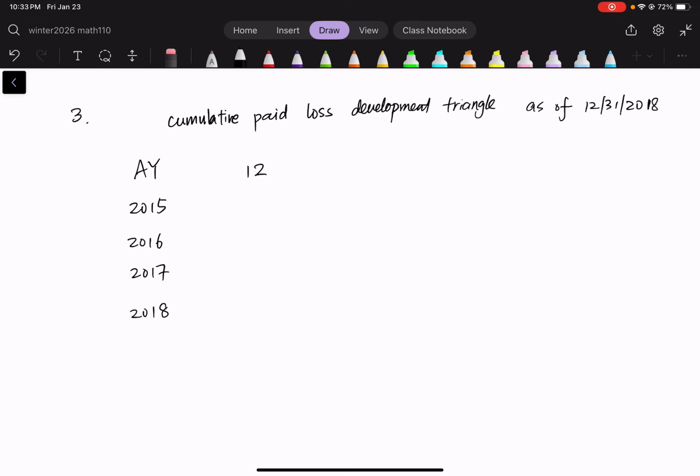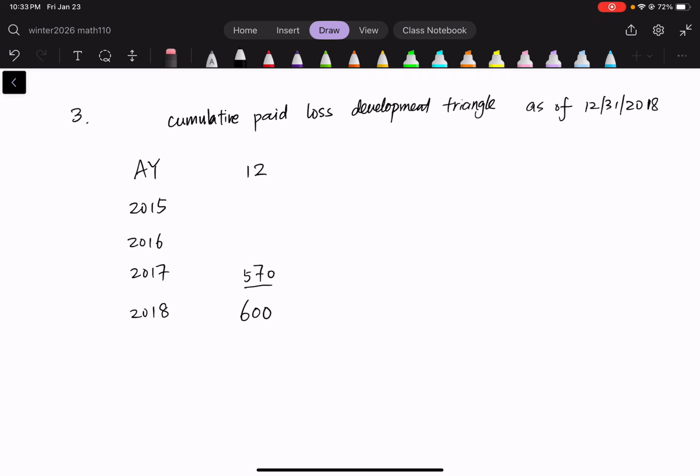So this number of $600 represents, within that year, for the accident happening in 2018, how much money you paid. You paid out the $600. And for this 12 for 2017, 570 means for the accident that happened in 2017 and within 12 months, you paid out $570.